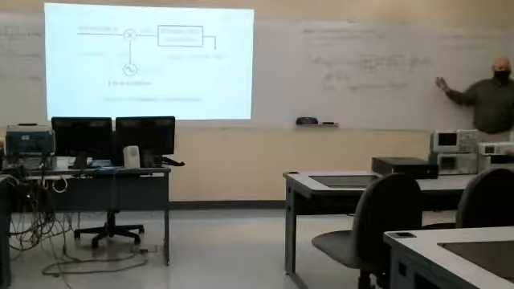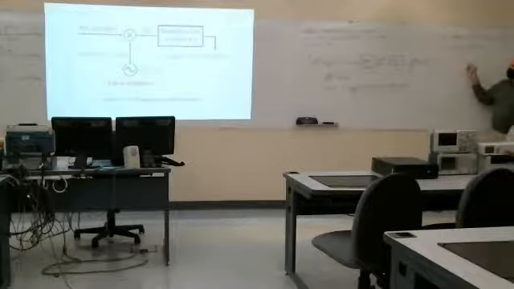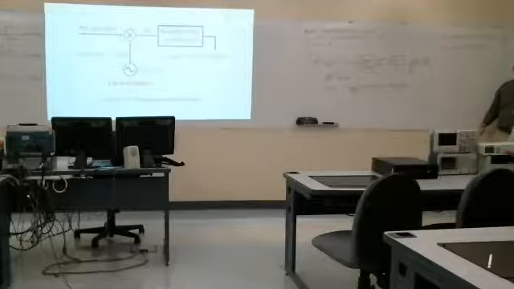FM uses a similar technique. They use a higher intermediate frequency because of the higher bandwidth of FM. I think they use 11.7 megahertz as the intermediate frequency for FM, but you can Google that too. I think it's 11.7, 11 something, 11.5.